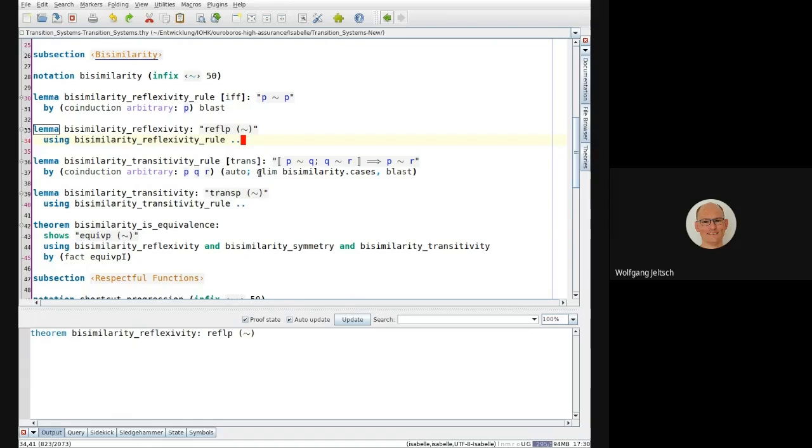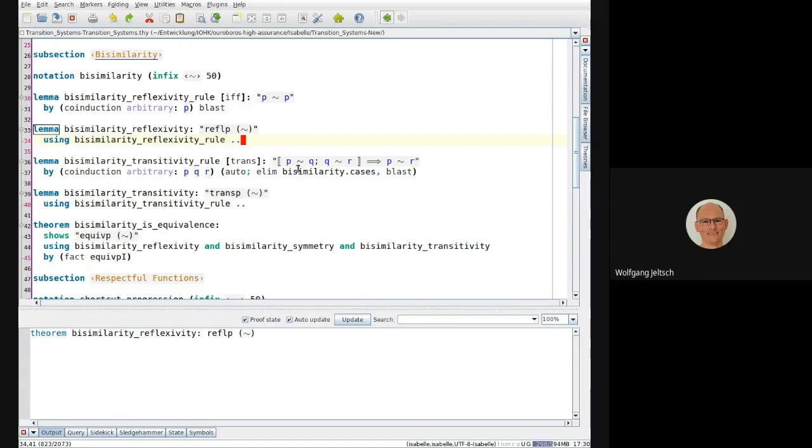So what does this mean? You have this semicolon and this comma. The comma is just sequencing of proof methods. The semicolon means that you have this previous proof method that generates a list of sub-goals, 0, 1, or more, and it means that you apply what follows to each of the generated sub-goals.